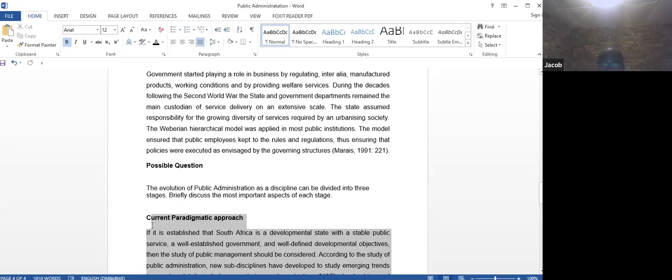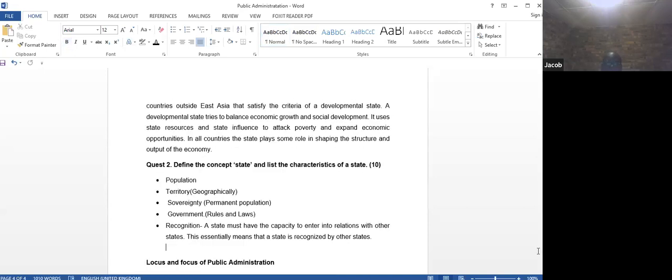Okay, yes, it's the locus and focus of public administration. The locus simply means the location where most of the public administration activities are being done.